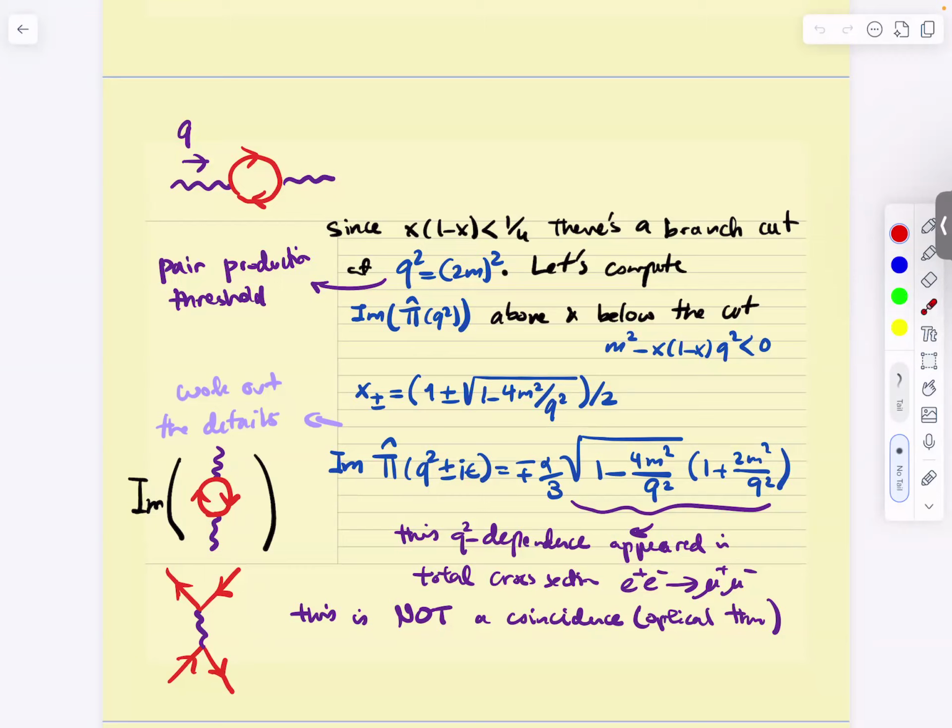This is not a coincidence. That scattering is the diagram below. So we have this diagram where we're calculating the imaginary part when q is enough above the pair production threshold. Then there's an imaginary part, and that imaginary part is basically related to this diagram.